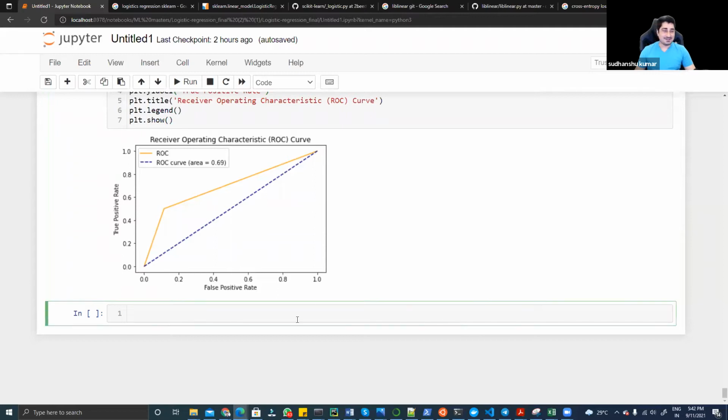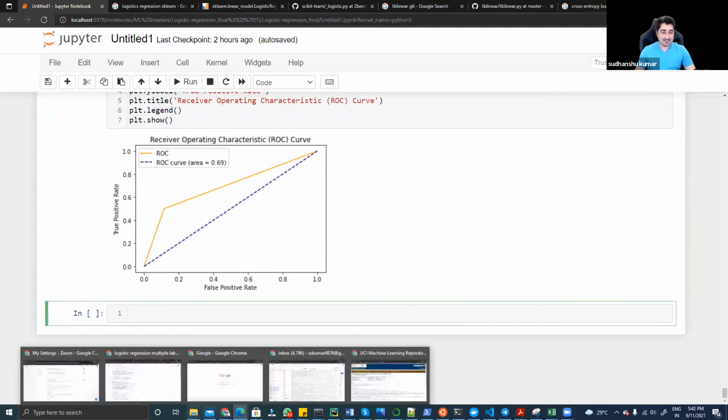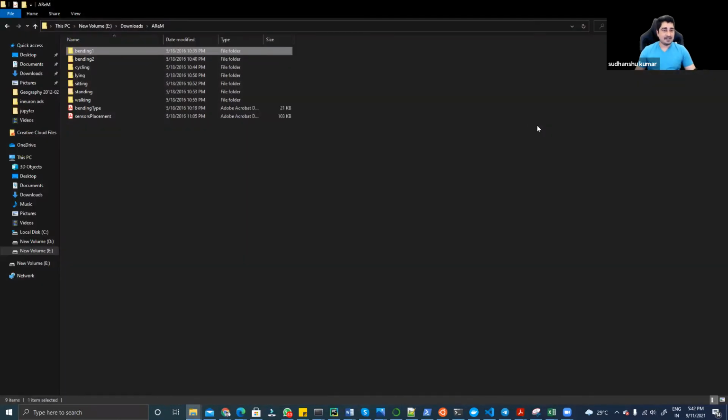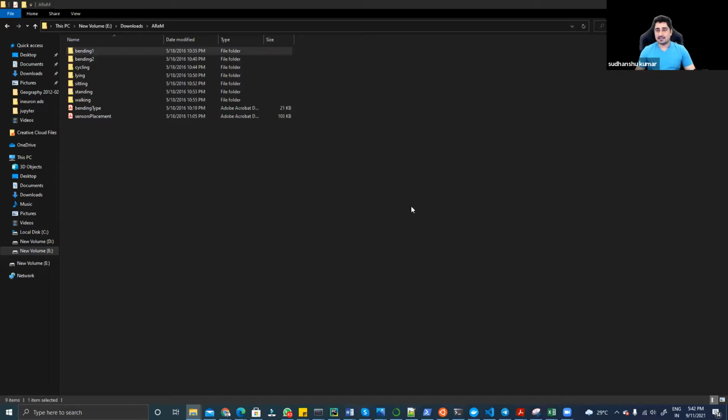Okay, so now let's talk about the task. So, task wise, I have a data set over here, and this data set is a little different as compared to a data set that we generally receive. And let me open up the official repo of this data.